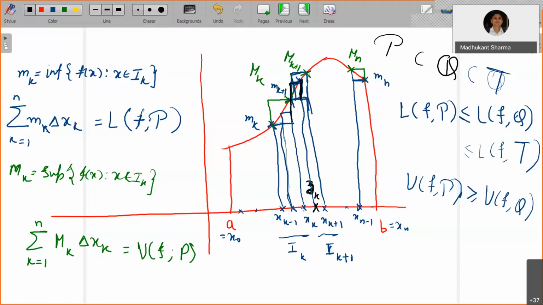This area will be covered in this interval. Now look at z_k to x_{k+1}. Which one is highest? This one is the highest, so this is your M_{k+2}. Earlier it was full. Now when you include one more point, it is showing the error here, so this will be left out. So it is actually decreasing. So U(f,P) is a decreasing sequence.